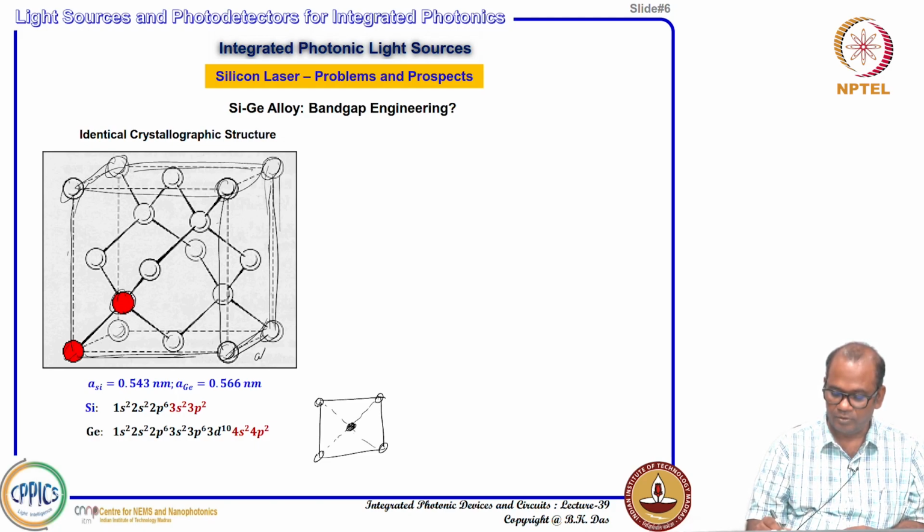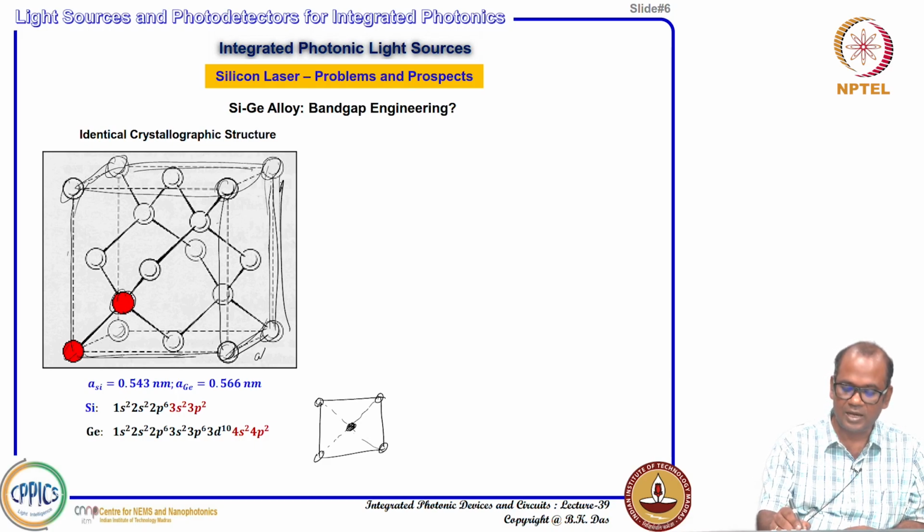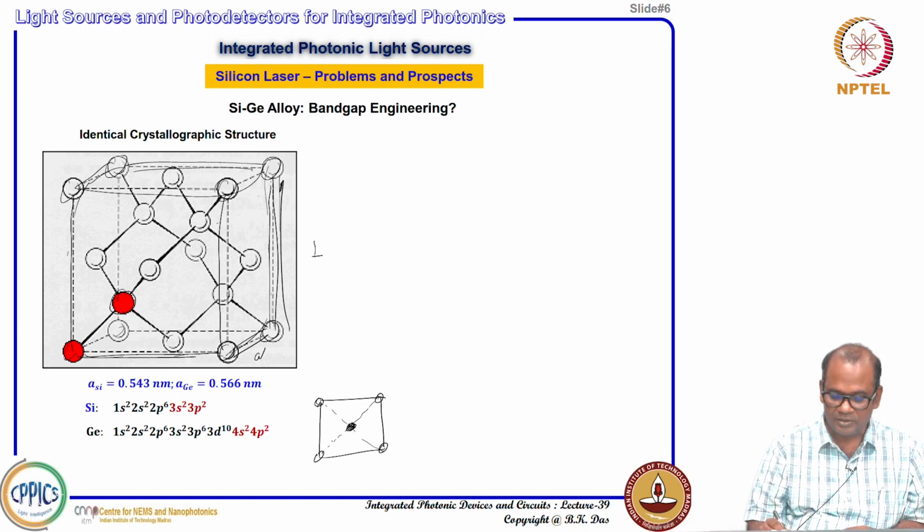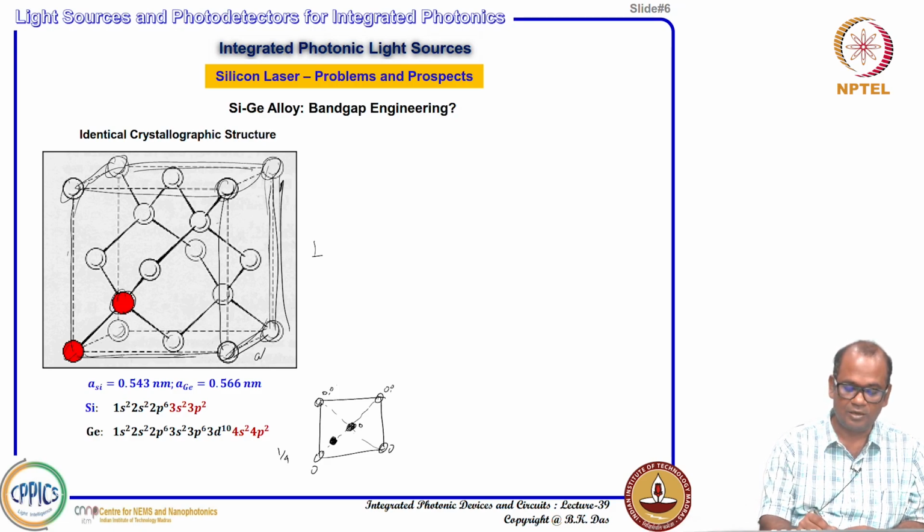If the total height is 1, all these atoms are at 0 position, and this additional atom is at 1/4 position along this side, 1/4 along this side, and 1/4 at the height.